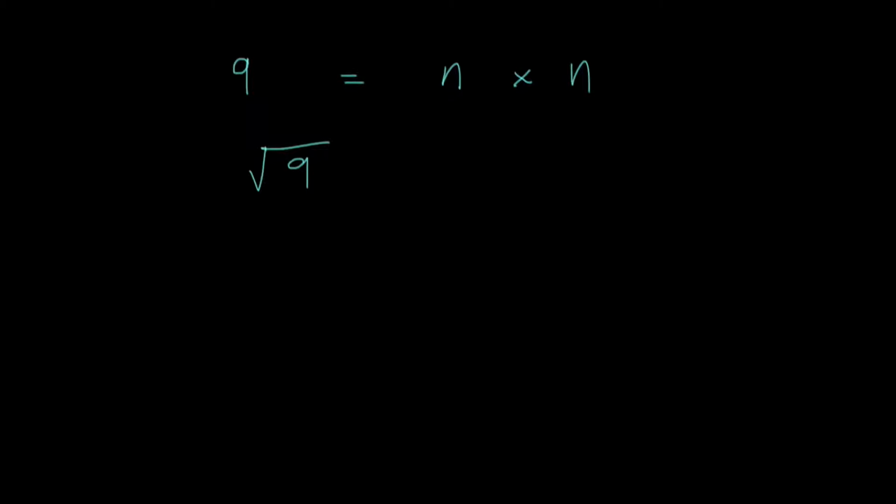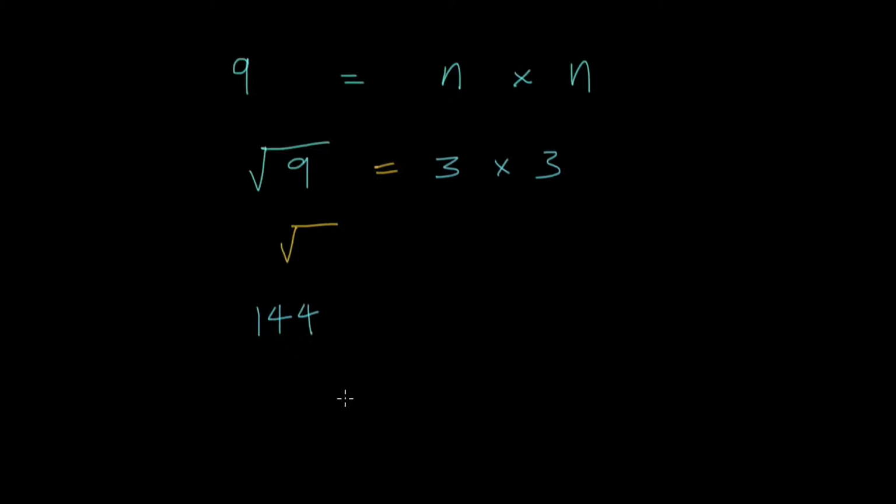This symbol means square root. So the square root of 9 would be, because 9 is a fairly basic number, we know that it's 3 times 3. But what if I gave you a more complex number, say 144? Now this you probably don't know off the top of your head.